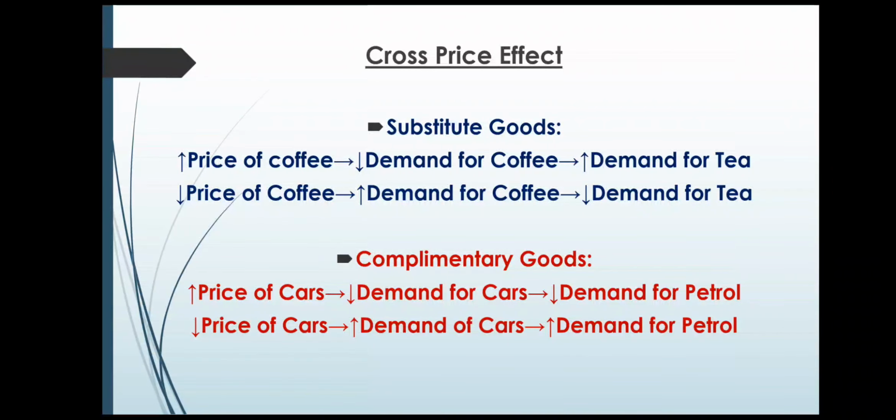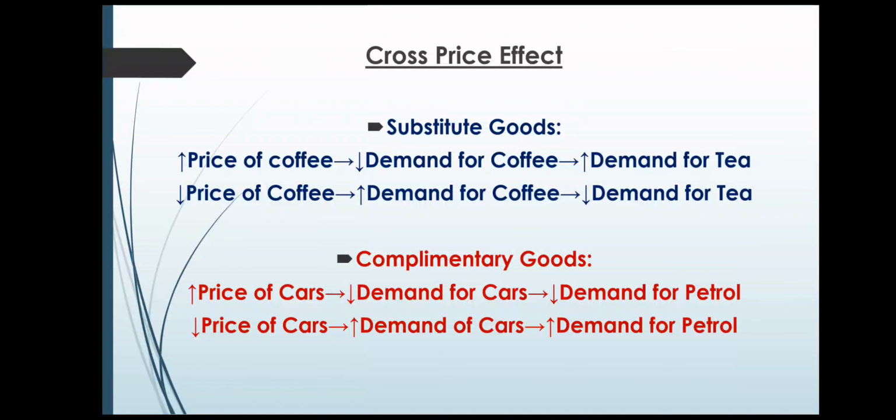Now, substitute goods, there is this example. I'll read it out. Whenever there is a rise in price of coffee, there will be a decrease in demand of coffee. And since tea and coffee are substitutes for each other, there will be rise in demand for tea.